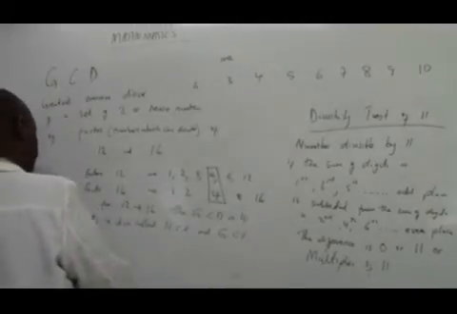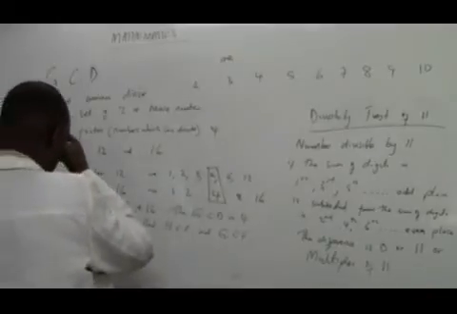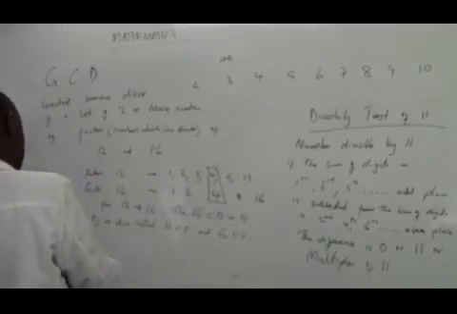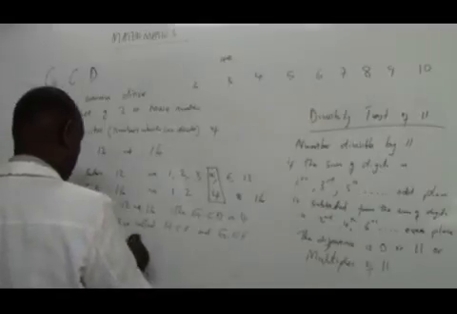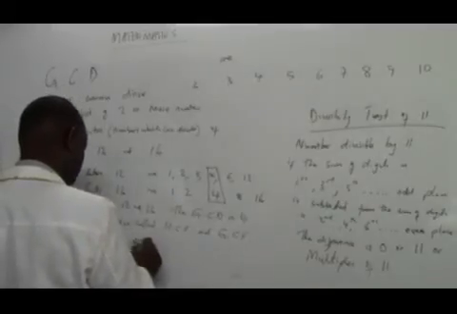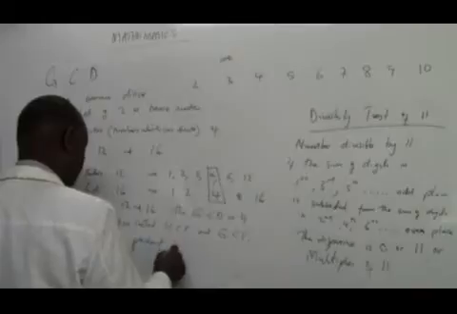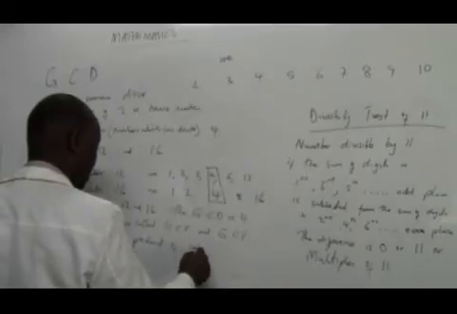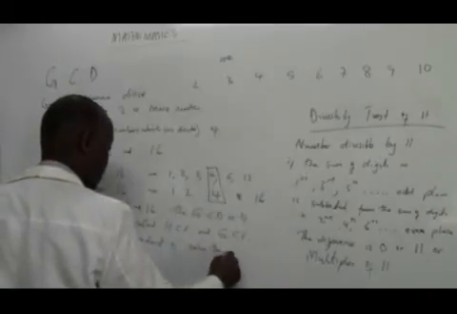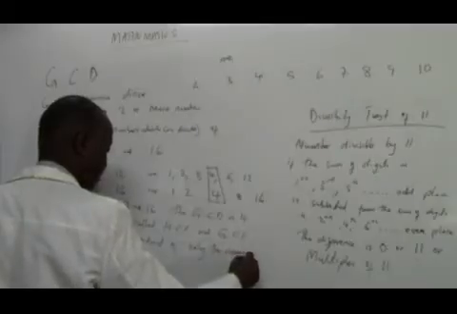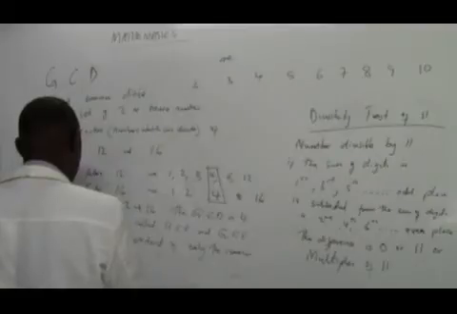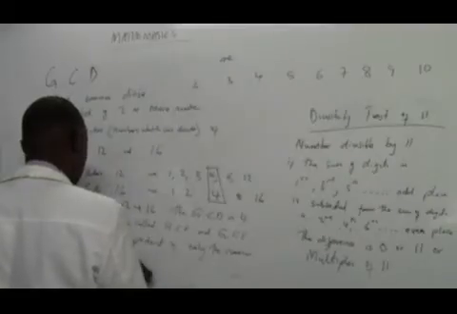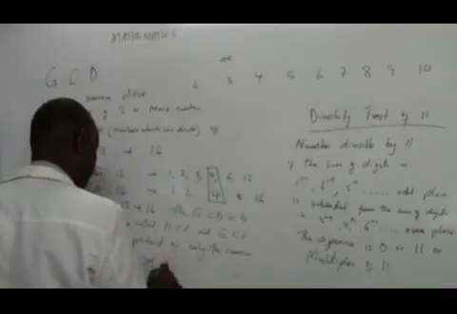The general rule for finding GCD is the product of only the common prime factors of a set of numbers.